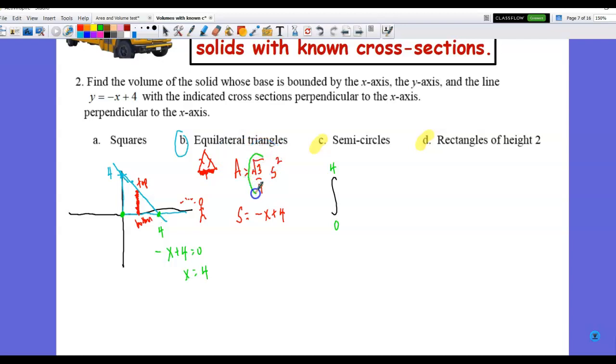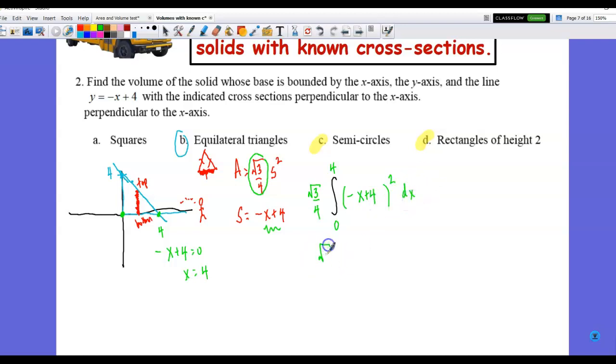This square root of 3 over 4 is a coefficient that can be brought out front and gotten out of the way. So that's square root of 3 over 4. It's part of the formula for the area of the equilateral triangle. So square root of 3 over 4 side squared. And my side measurement is negative x plus 4.